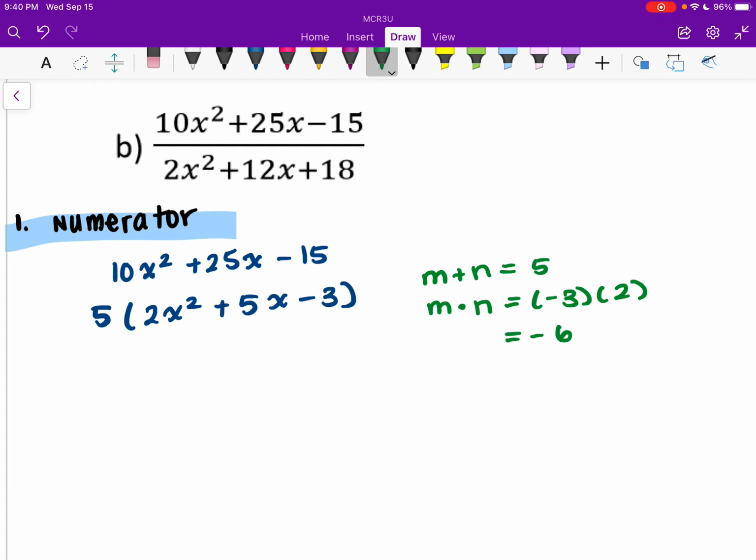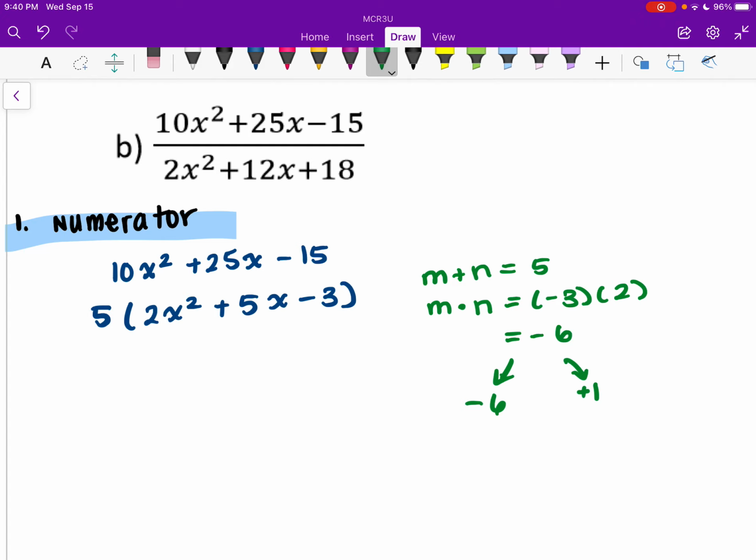In the last one, we found two numbers that gave us negative 5 and negative 6. You just need to be careful of that. They're not the same numbers. In this situation, it's going to be negative 6 and positive 1. So those are going to be my two numbers.